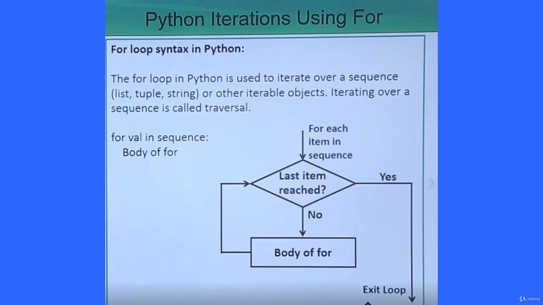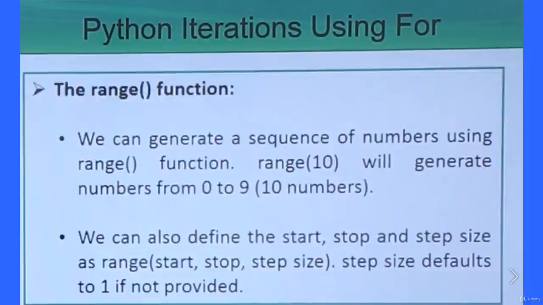We can also do this using the range function. We can generate a sequence of numbers using the range function. So a for loop can operate on a sequence, that is, iterable objects, and also using this range function. So range 10 will generate numbers from 0 to 9. That is the 10 numbers we are having here. Always remember that this 10 will not be inclusive.